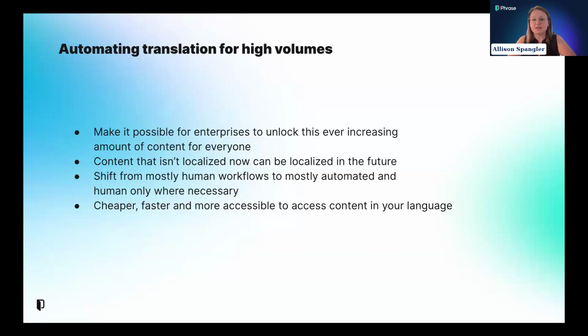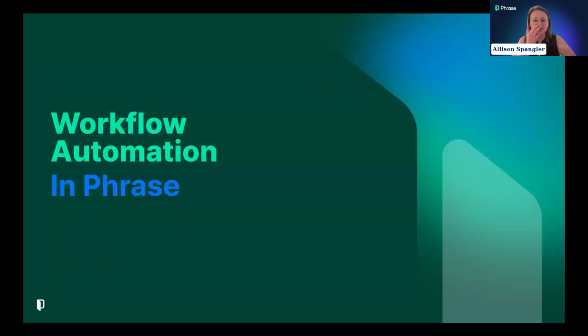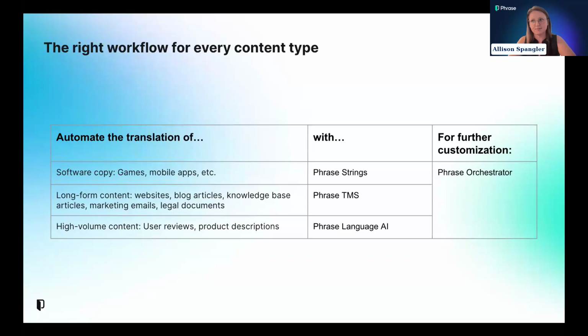So with that being said, let's take a more granular look at the automation within Phrase. First, I want to look at the automation of different components in the platform. So the Phrase localization platform has the capability to automate the right workflow for every piece of content, no matter what type of content you're translating.